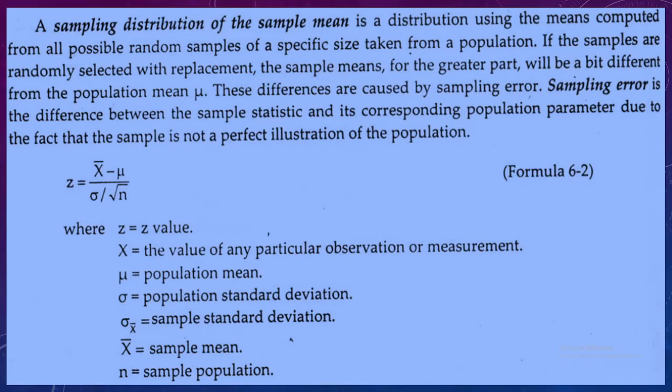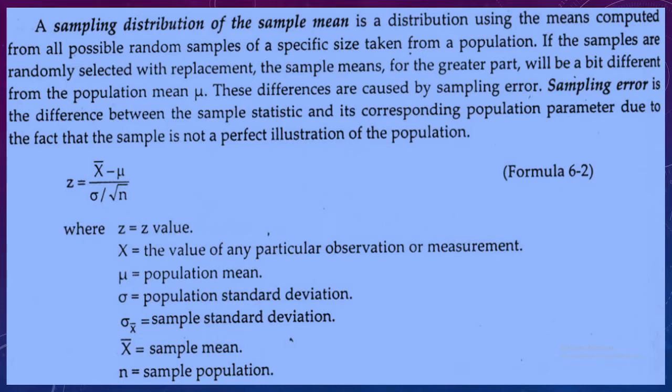These differences are caused by a sampling error. So take note, a sampling error is the difference between the sample statistic and its corresponding population parameter due to the fact that the sample is not a perfect illustration of the population.